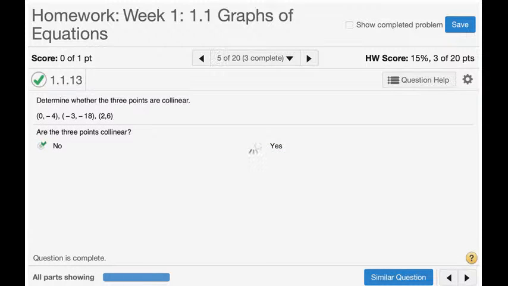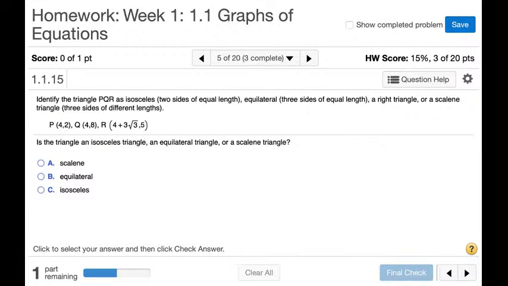Identify the triangle as isosceles. Okay. So basically, they're asking us to find the distance created by the three line segments by these 3 points. So this one is question number 5. This comes from section 11.15.